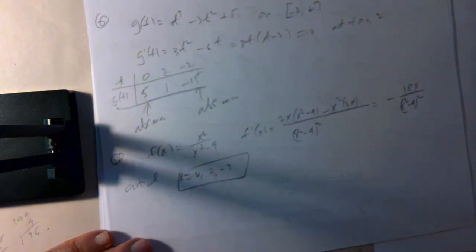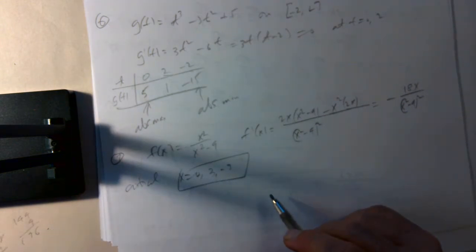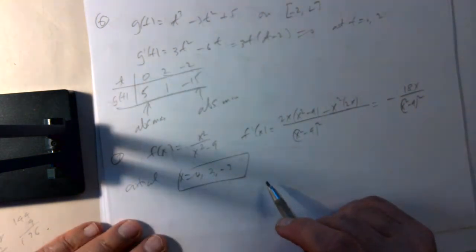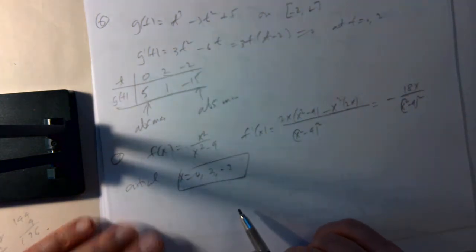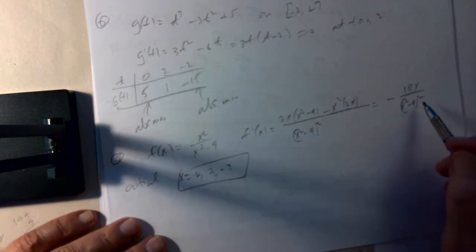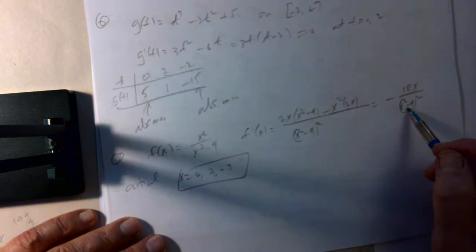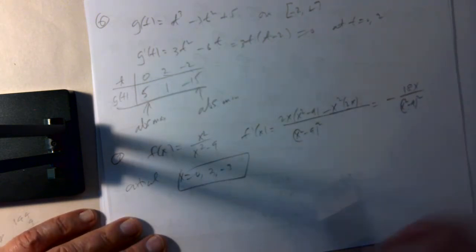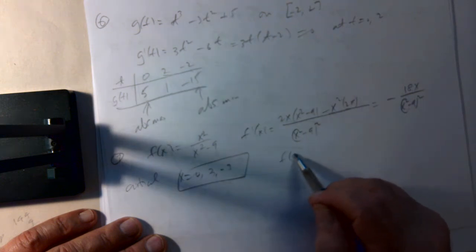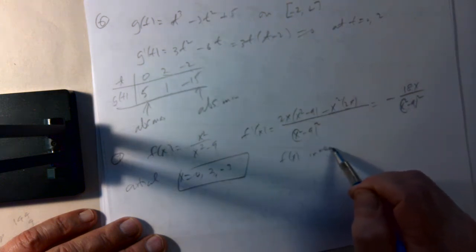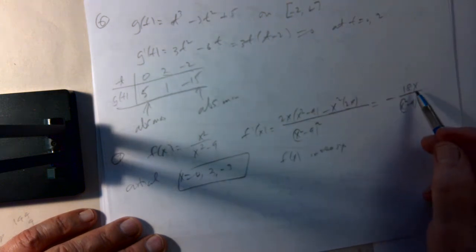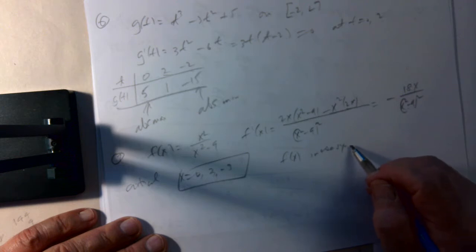So where is this function increasing or decreasing? Well, the denominator is always positive because it's a square. So f of x is increasing where minus 18x is positive.